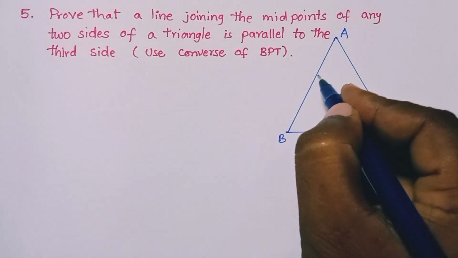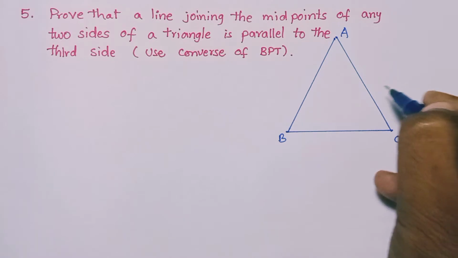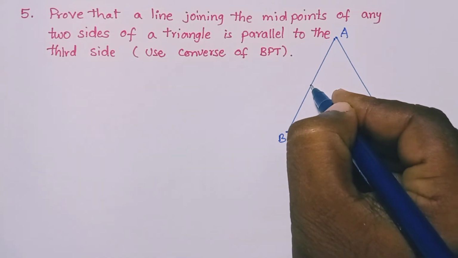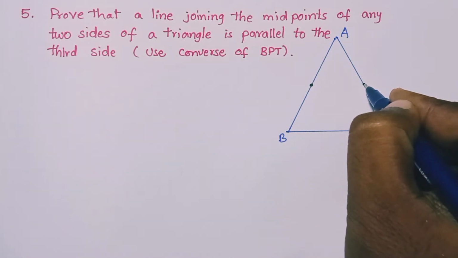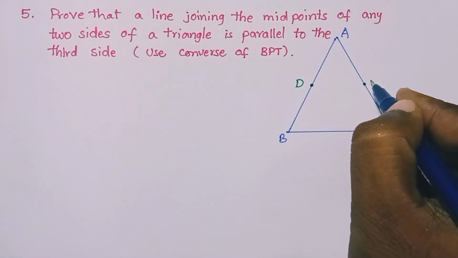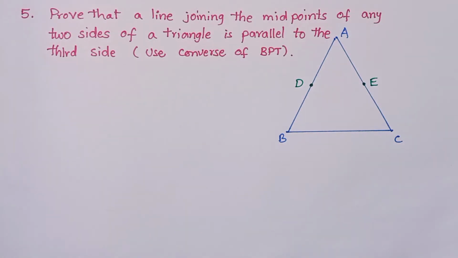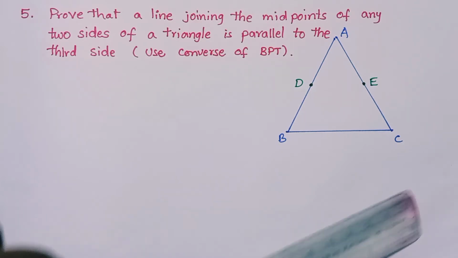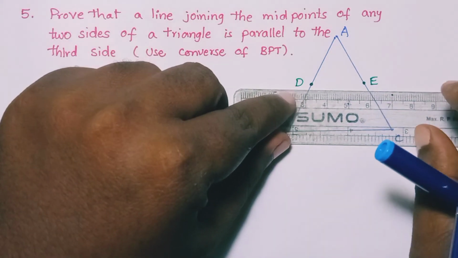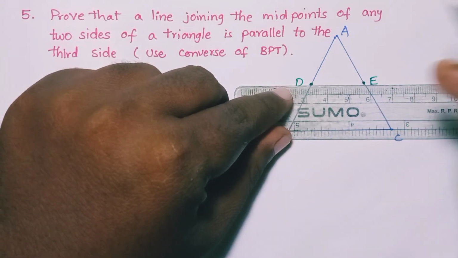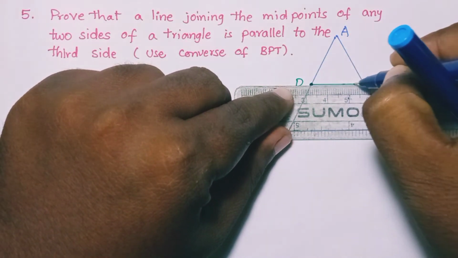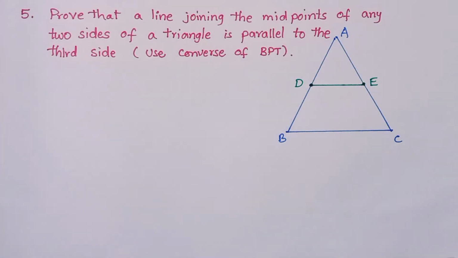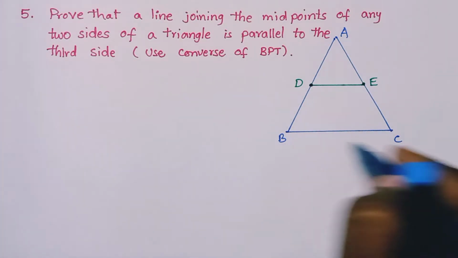Let us take the sides AB and AC and select the midpoints. D and E are the midpoints of the sides AB and AC. Now if you join these two midpoints by a line segment, we have to show that this line is parallel to BC.